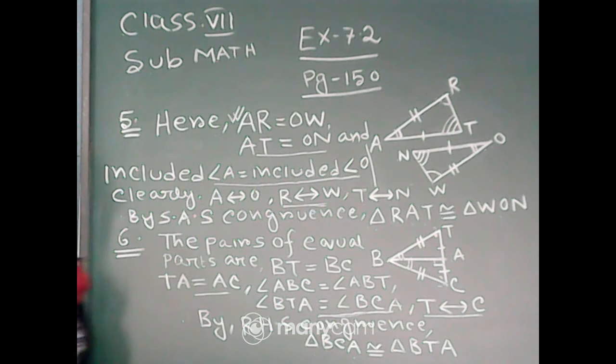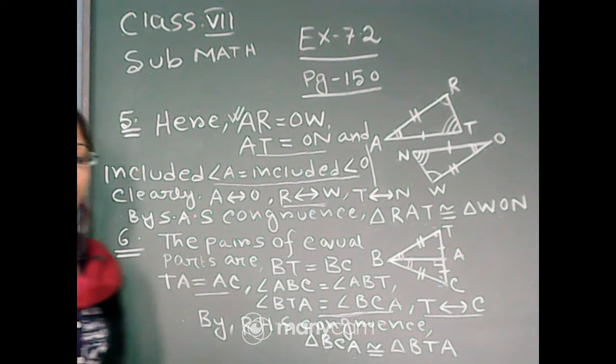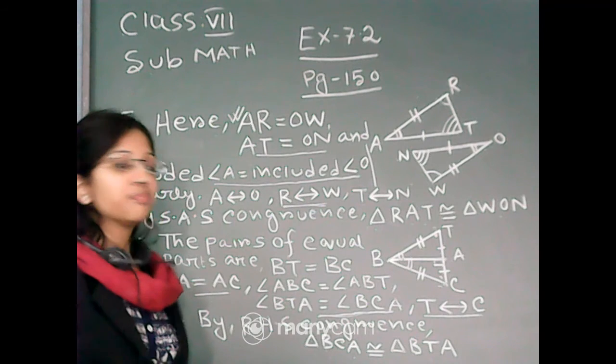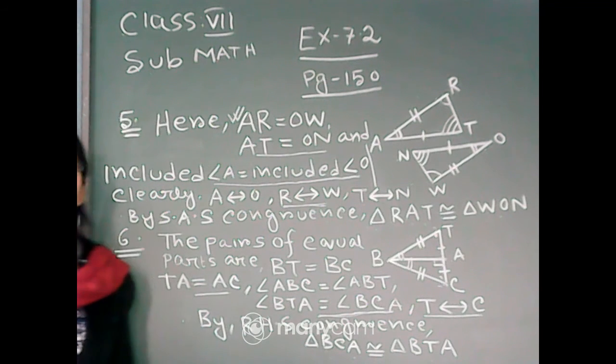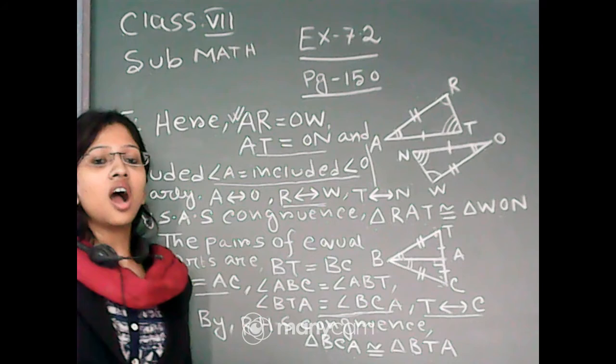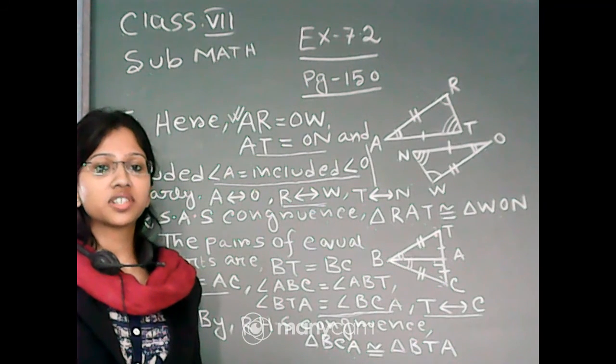And finally we see that the hypotenuse and one side of a right angle triangle are respectively equal to the hypotenuse and one side of another right angle triangle, and then the triangles are congruent, and this is the RHS congruence criterion.